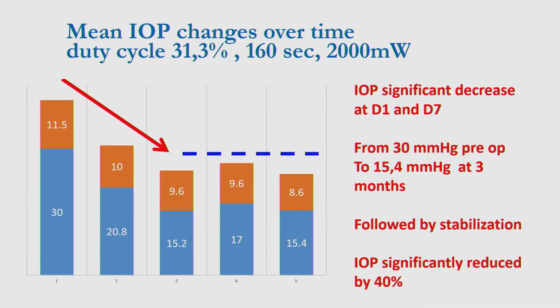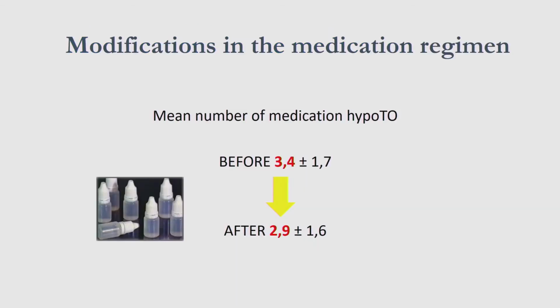In the second group, there was also a decrease of IOP at day 1 and day 7. The IOP reduction was more efficient in the group treated with duty cycle 31.3%, followed by a period of stabilization, with an IOP reduction of about 40%. We had a reduction in the mean number of medications after laser.